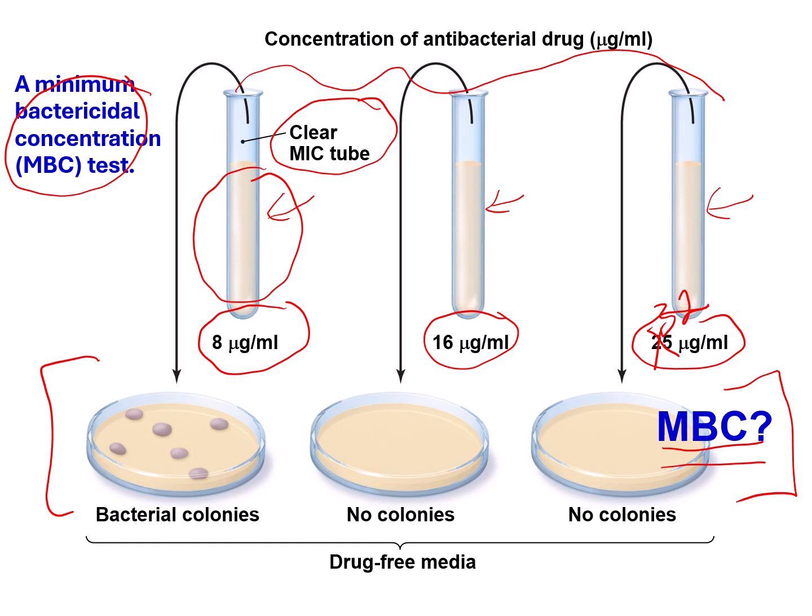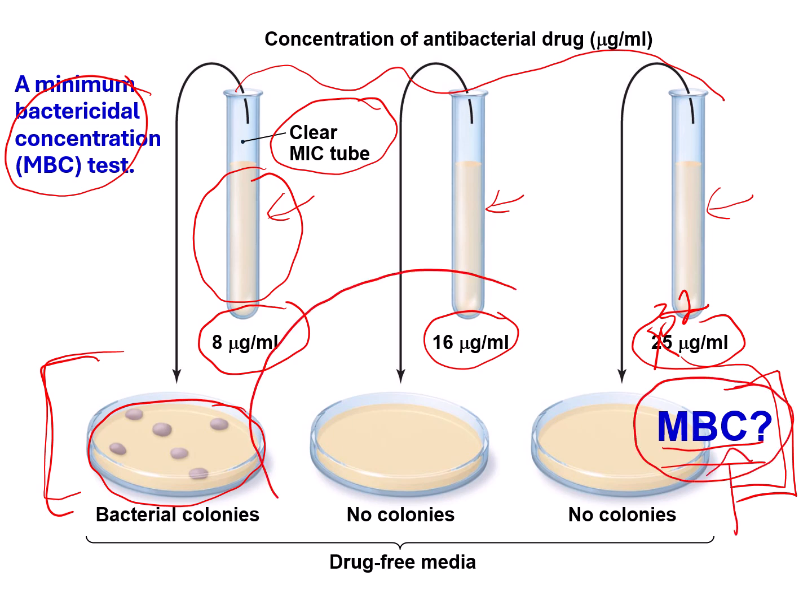There could be just very few, which makes the tube look clear. Once I do my testing on the plate, I can look at whether colonies are present or not. And in this case, the lowest concentration that was bactericidal is this one right here, because the 16 microgram per mil tube is the one that shows no growth at all.